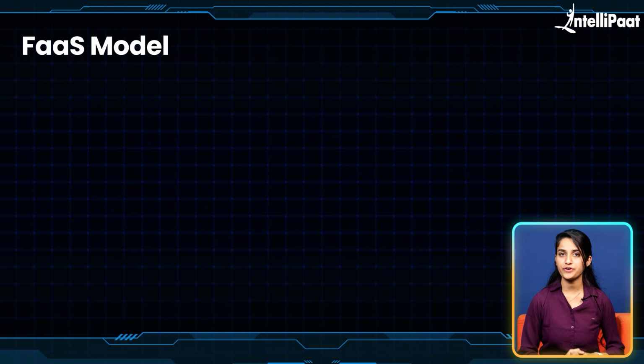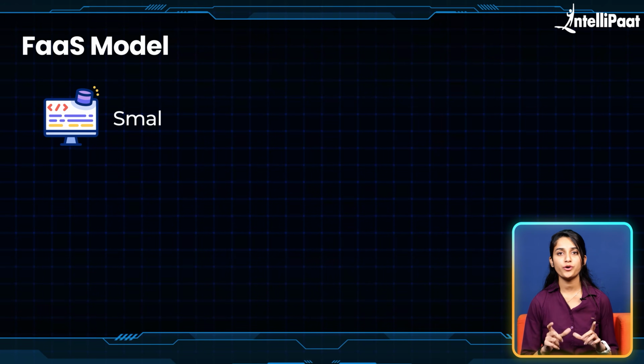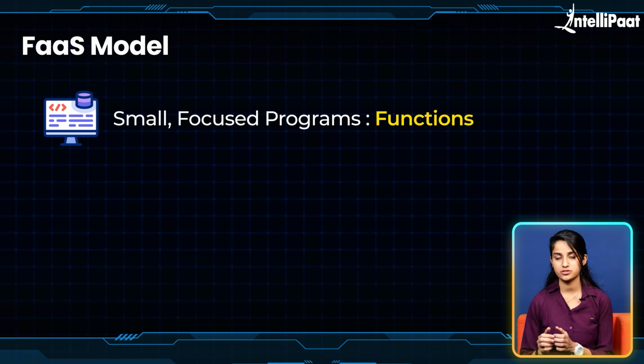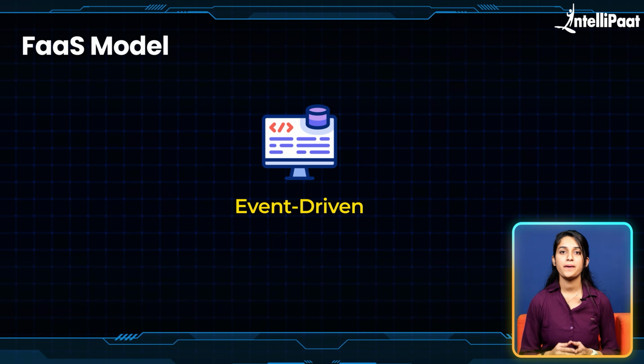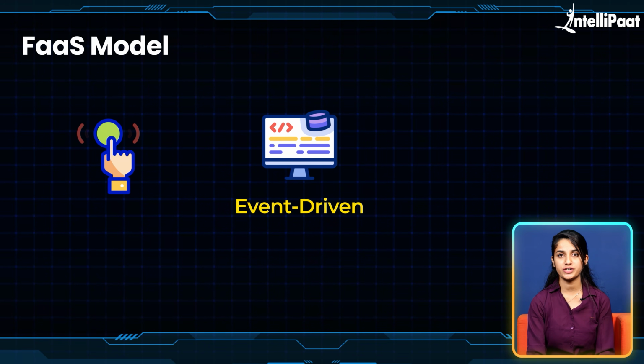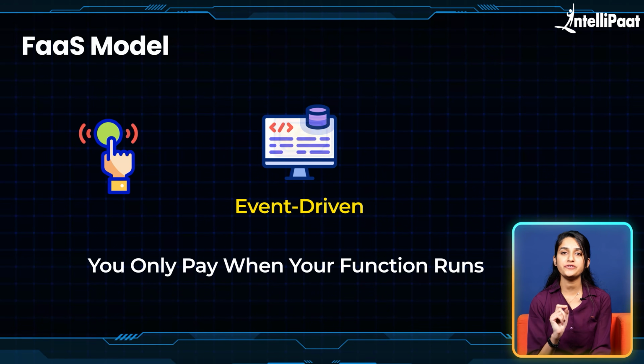Now, coming to the FaaS model, here you can write small focused programs called functions that can handle the specific tasks they are designed to handle. These functions are event driven, meaning they only run when triggered, ensuring that you only pay for the time your function actually runs.